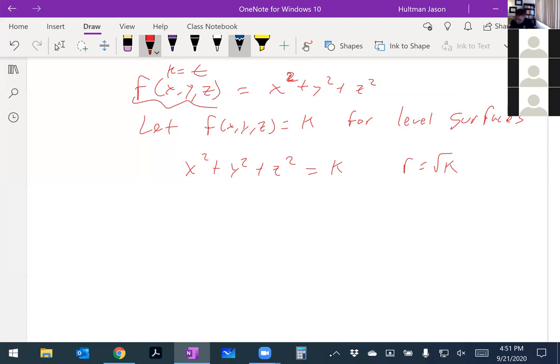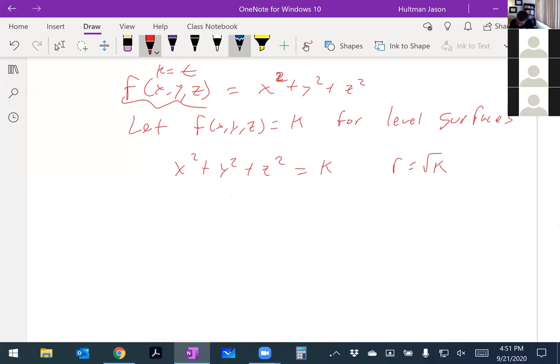Say that t was equal to 0. Where would we start? We would start at the point 0, 0, 0. What happens when t is equal to 1? Okay, I'll just do t to make it easier.